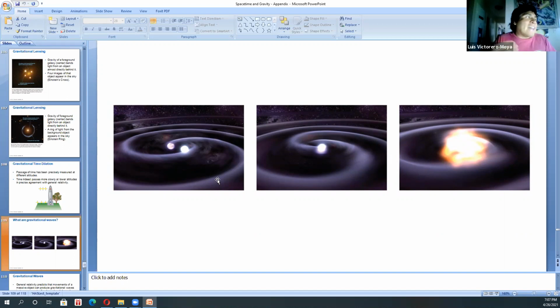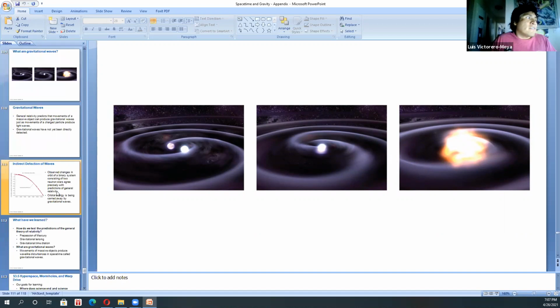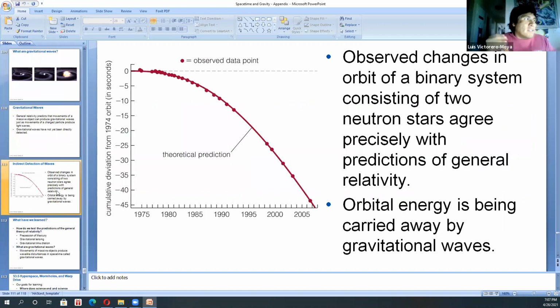It took us 100 years to discover something that Einstein predicted. That was Einstein's prediction based on general relativity.